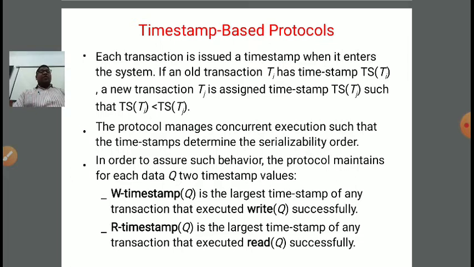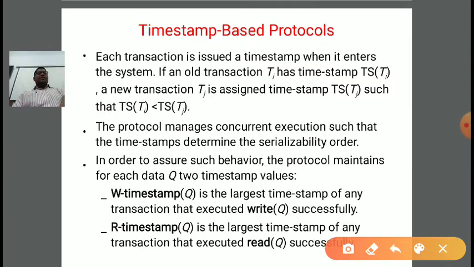If an old transaction, let's say Ti, has timestamp TS(Ti), then a new transaction Tj is assigned a timestamp TS(Tj) such that TS(Ti) should be less than TS(Tj), right? So this condition is very important.